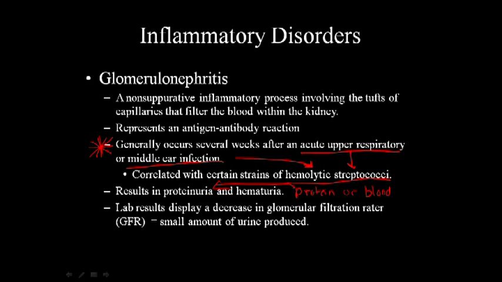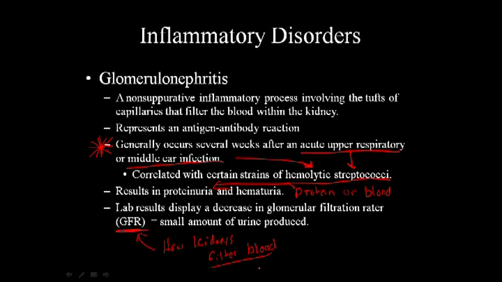Lab results display a decrease in glomerular filtration rate. We talked about GFR in some respect, and GFR is basically how your kidneys filter the blood. You want to keep in mind that this is how the kidneys are filtering the blood. If you have an increase in glomerular filtration rate, that's great.